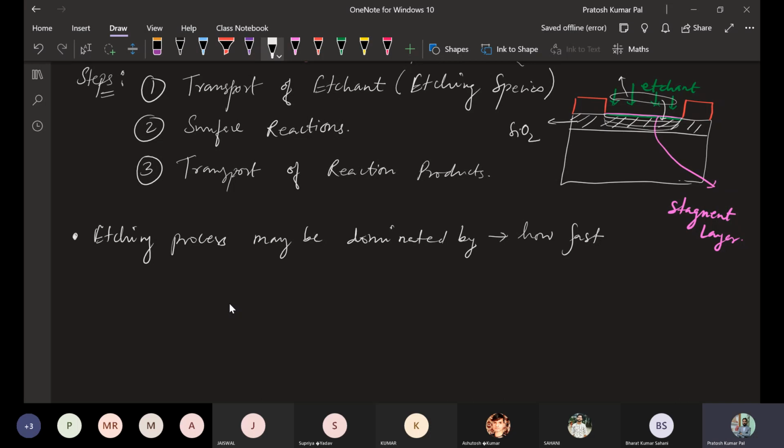Okay, so here the etching process can be dominated by how fast the etchant is diffusing through.